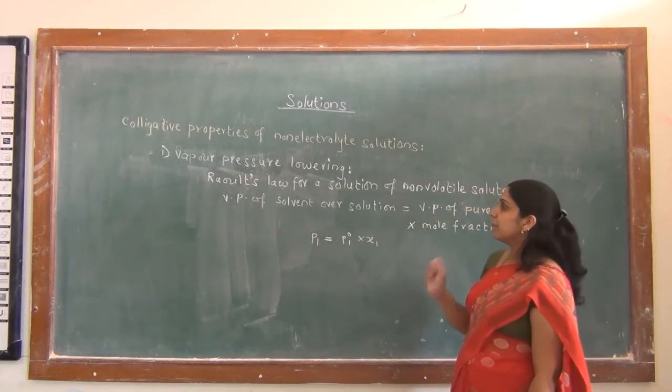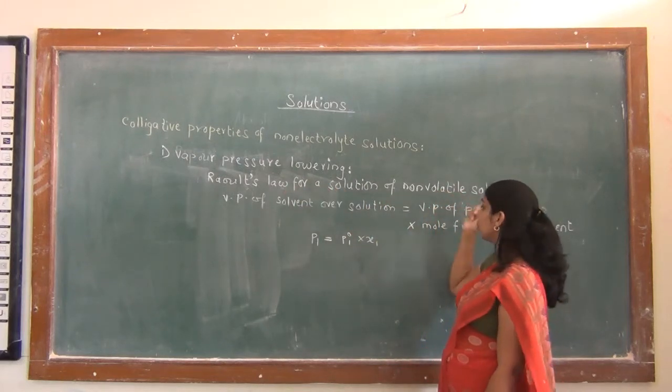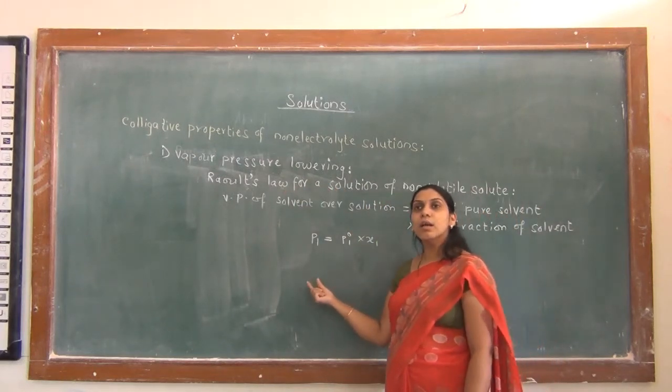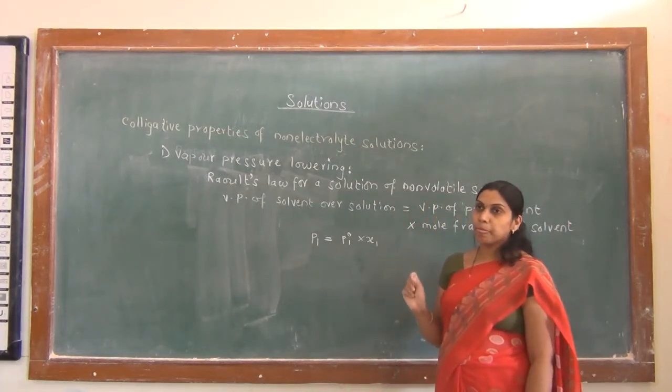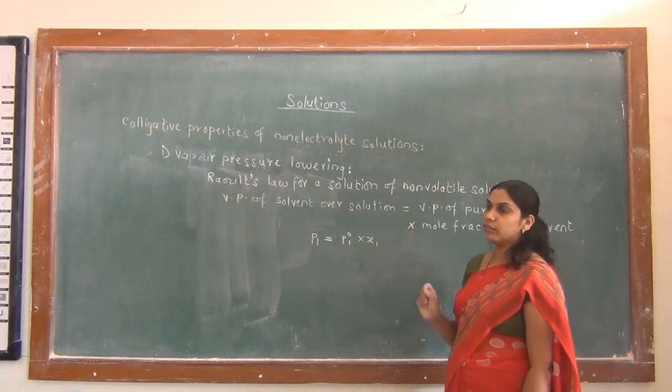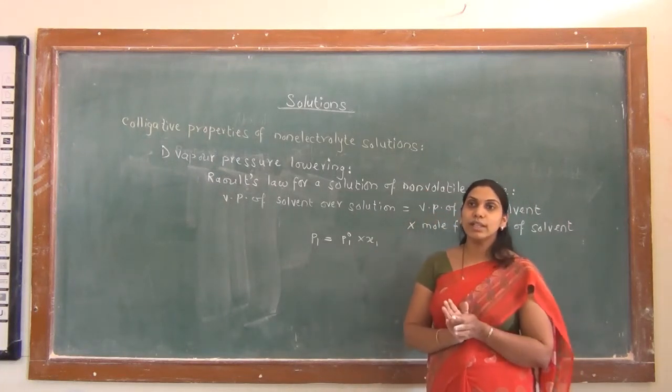So, the mathematical form for Raoult's law for a solution of non-volatile solute can be given as P1 is equal to P01 x1. This is the equation obtained for the vapor pressure of solution which contains non-volatile solute.